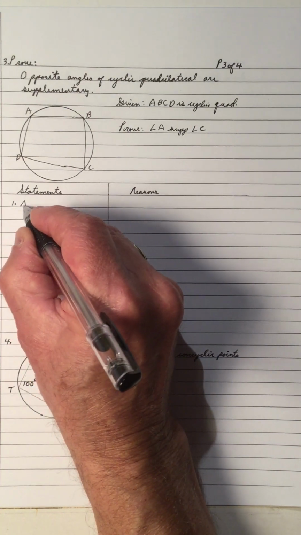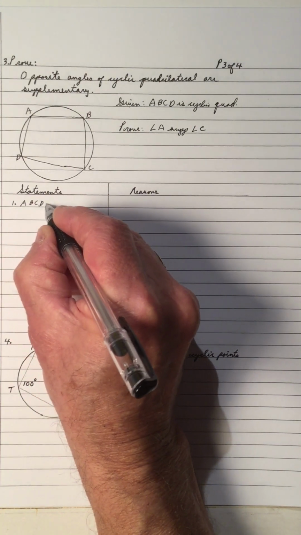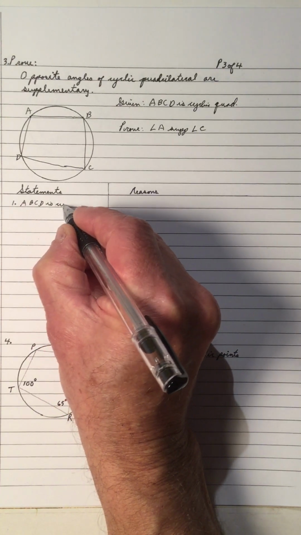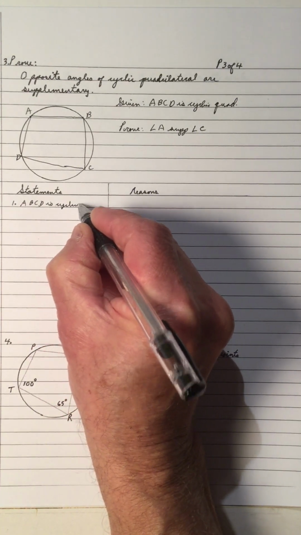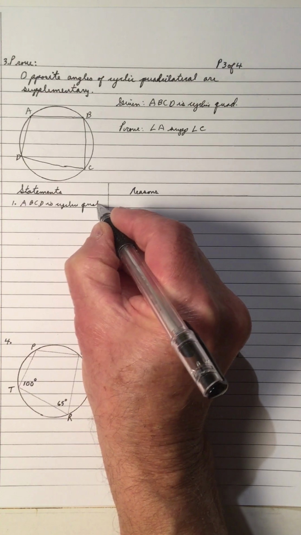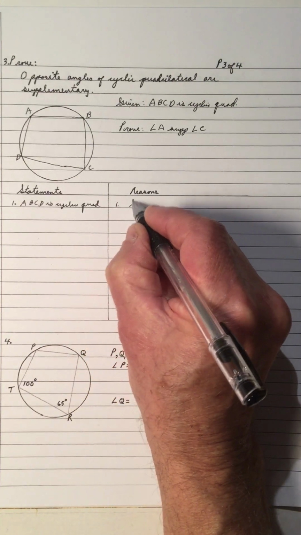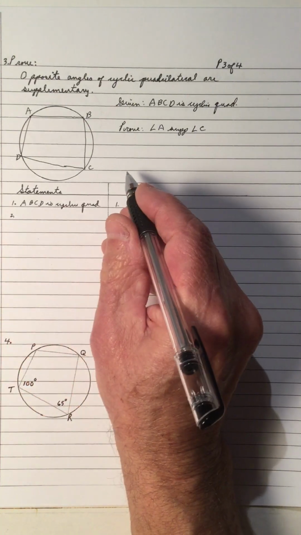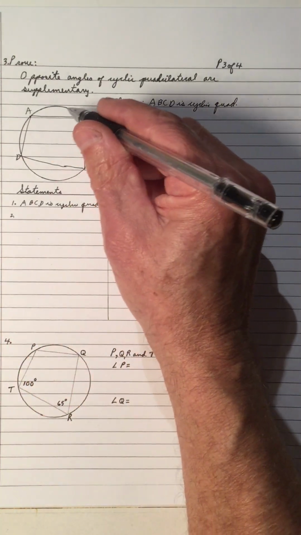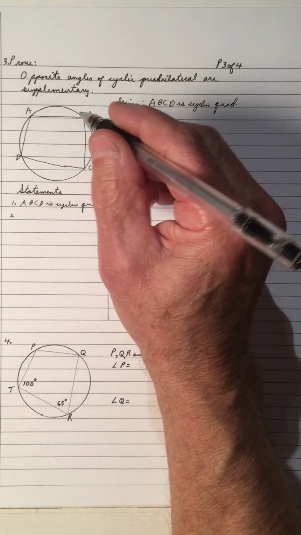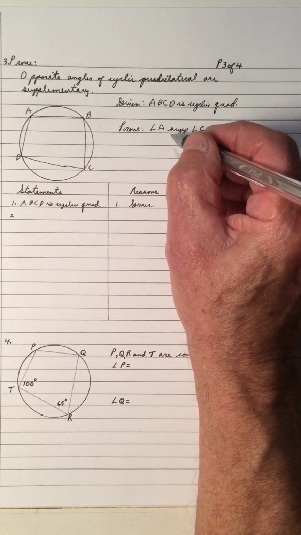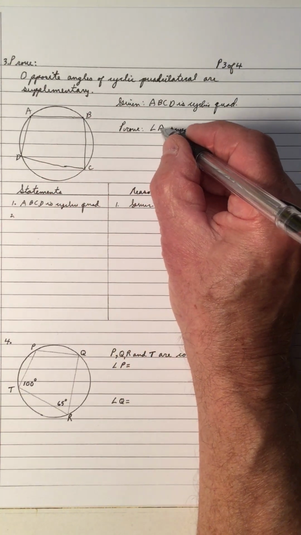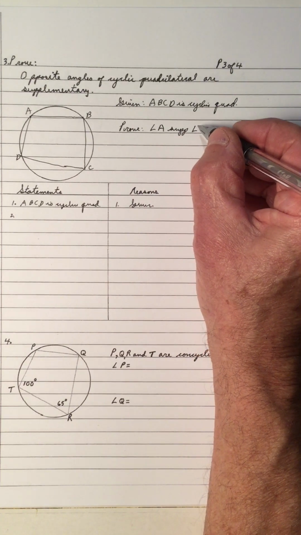Number 1, ABCD is a cyclic quadrilateral, and that's the given. Now, to get that these 2 angles are supplementary, we have to prove that A plus C is 180.